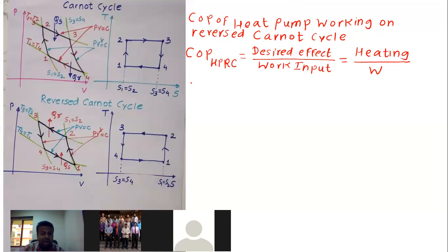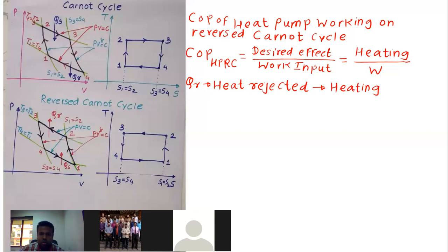If QS is giving me the cooling, obviously QR will give me heating, right? QR is the heat rejected. Heat rejected is nothing but QR, and obviously this QR is responsible for heating, right? Because QS was giving cooling, so obviously the heat which is rejected will give the heating.